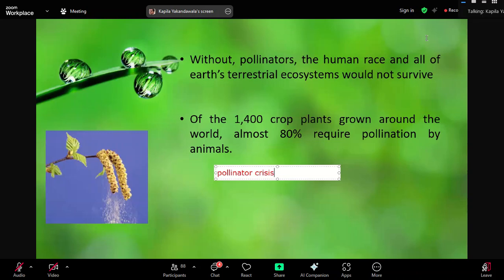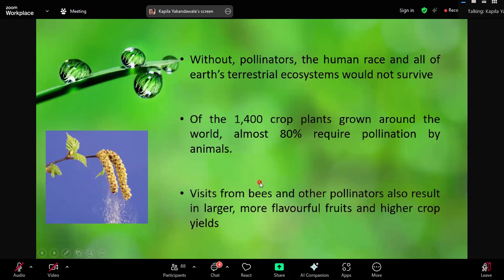So globally, there's a crisis. Unfortunately, in Sri Lanka, we still haven't recognized the gravity of this crisis. But in other countries, they recognize it and take remedial action to avoid or minimize this problem.